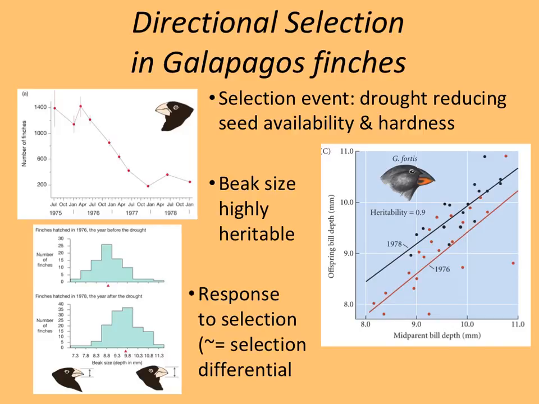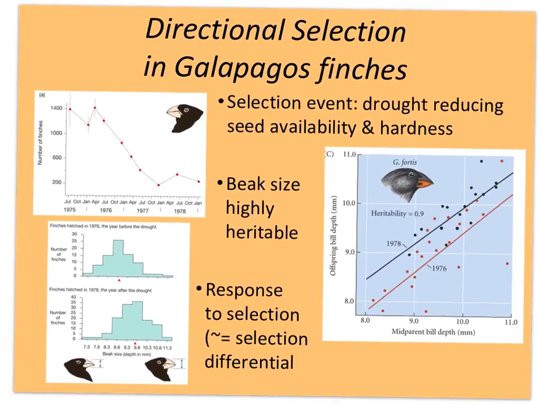Here's an example of directional selection. The Galapagos. There are all these finches. Their closest relatives are in South America, on the coast. They eat seeds. There was a drought where no seeds were produced. This is the number of finches, with a high of, let's say, 1,400.